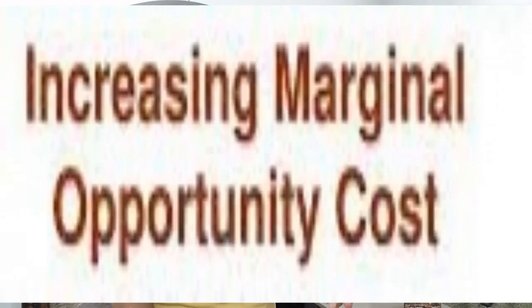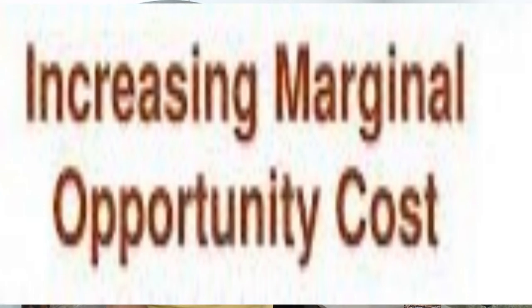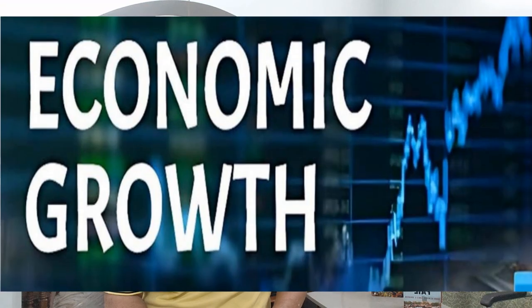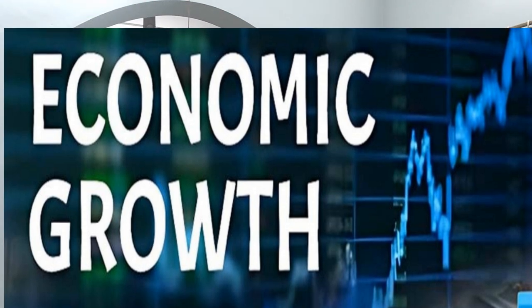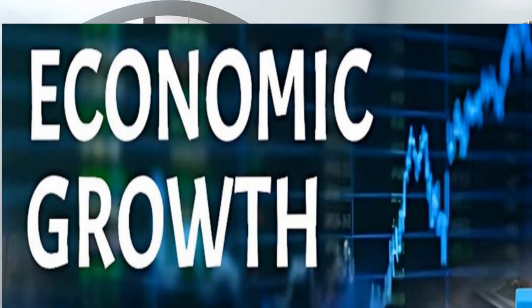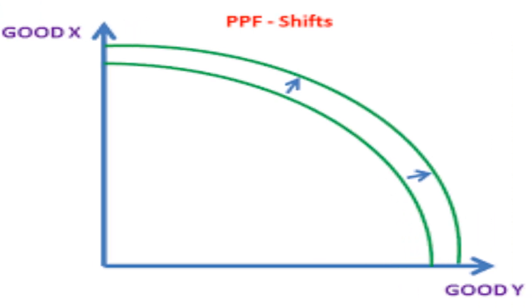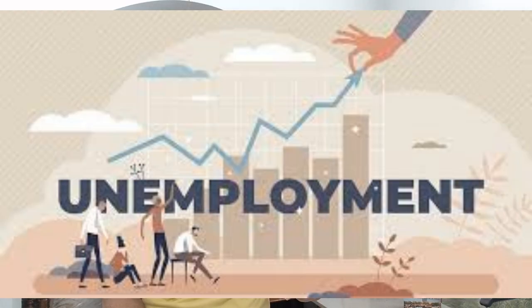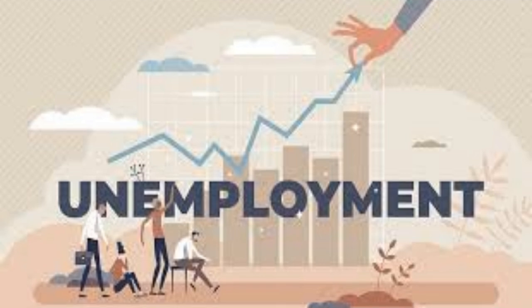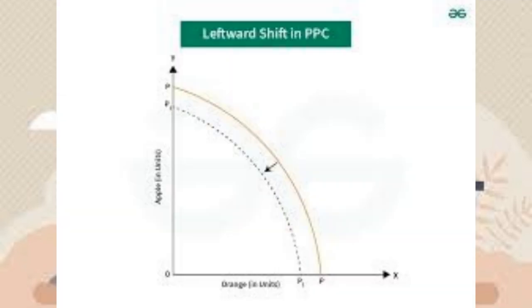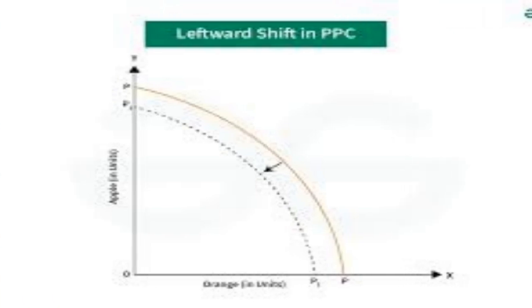We can also use the PPC model to illustrate economic growth, which can be represented through an upward shift or rightward shift in the PPC. Unemployment in the economy shifts the PPC towards inside, that is, towards leftward, towards origin, which implies that resources are not being used efficiently.